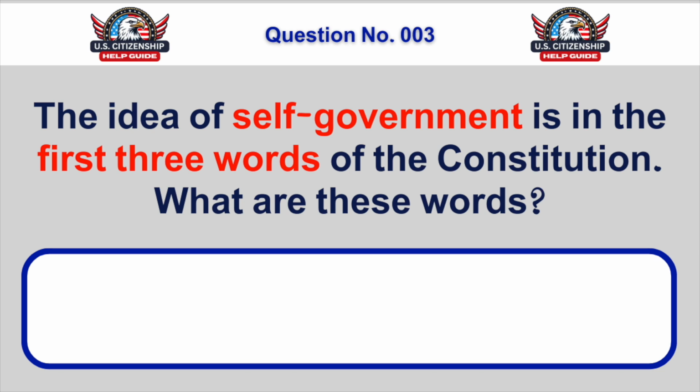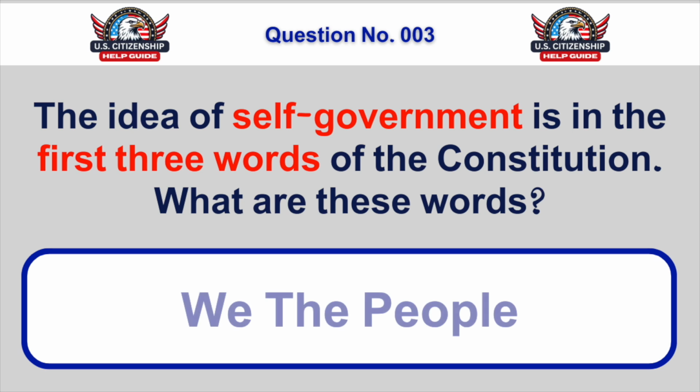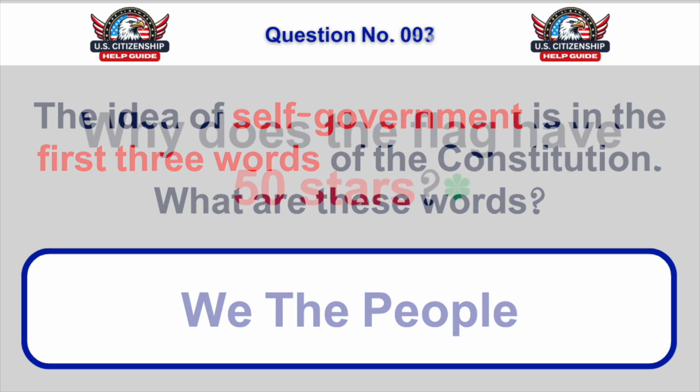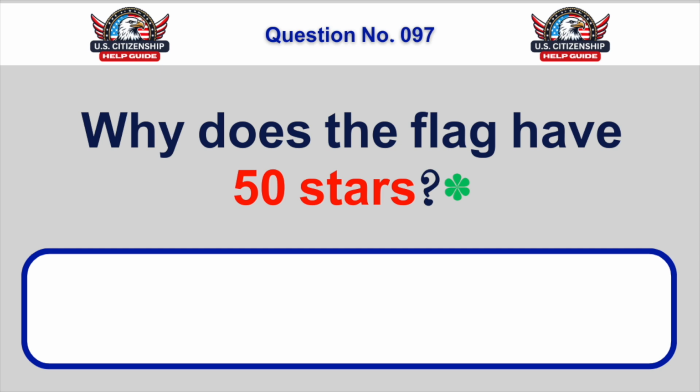The idea of self-government is in the first 3 words of the Constitution. What are these words? We the people. Why does the flag have 50 stars?